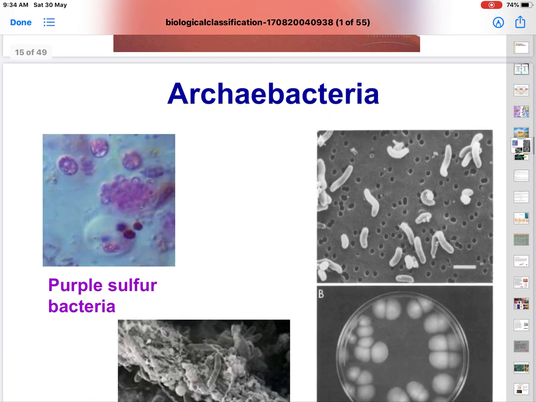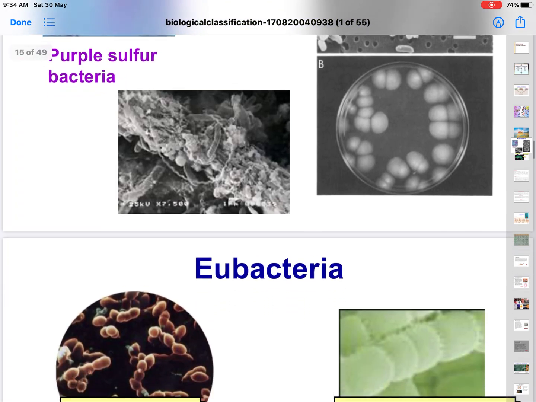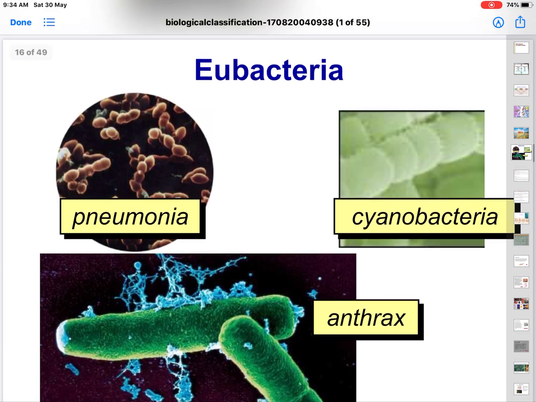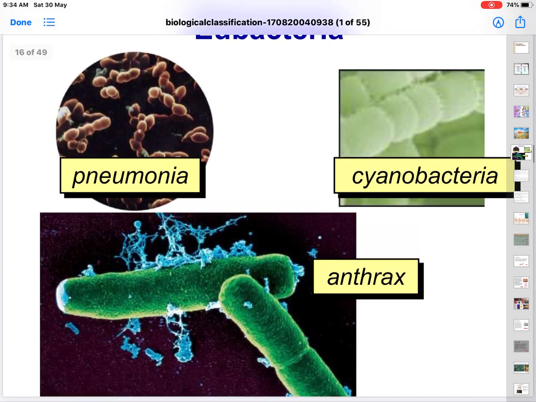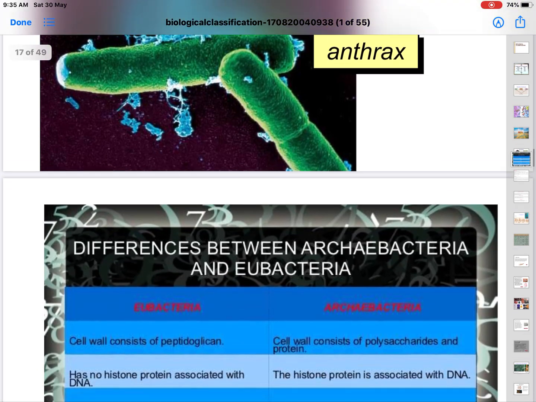And archaebacteria, some examples are purple sulfur bacteria. Look at them. And eubacteria, of course, these are very dangerous fellows. Pneumonia, of course, anthrax. These are two very dangerous bacteria. And of course, where there is a negative side, there is a positive side also. Cyanobacteria, a blue-green algae, is a very good bacteria for us, particularly in the field of agriculture, and they are of great help to farmers. We will discuss that later.